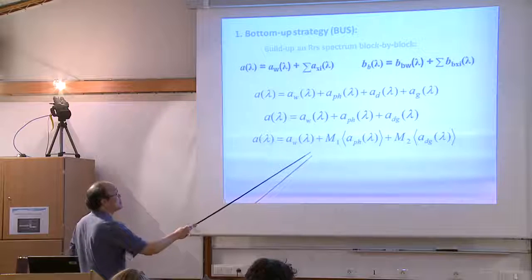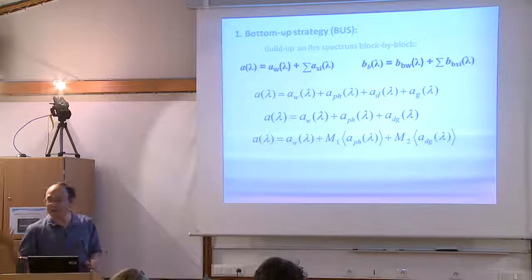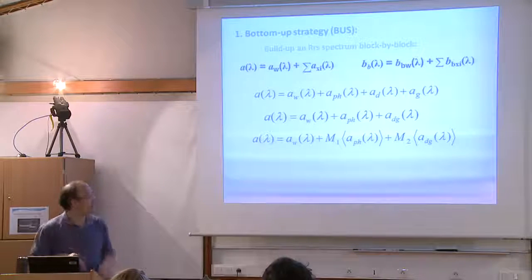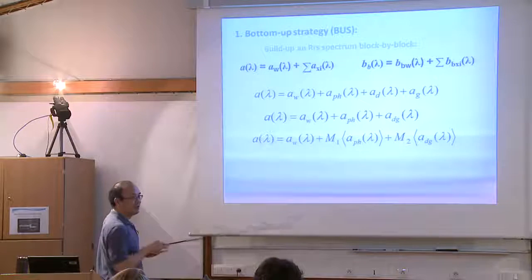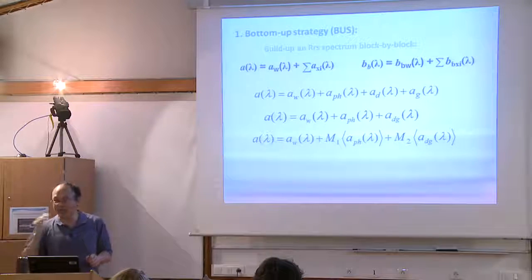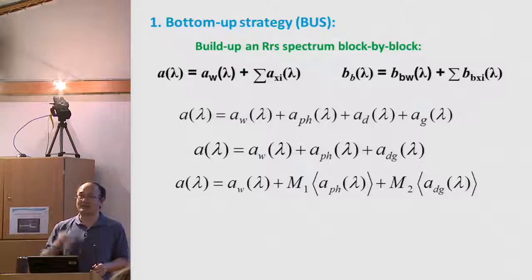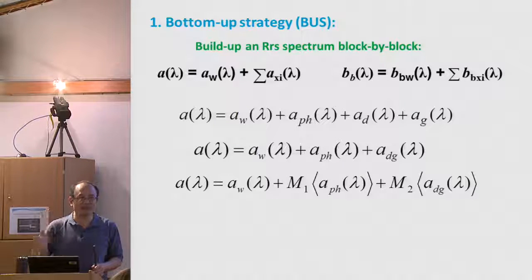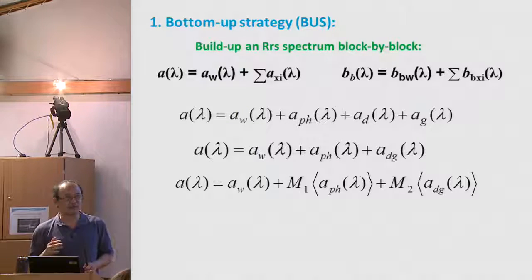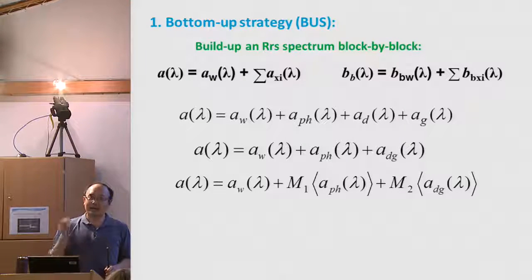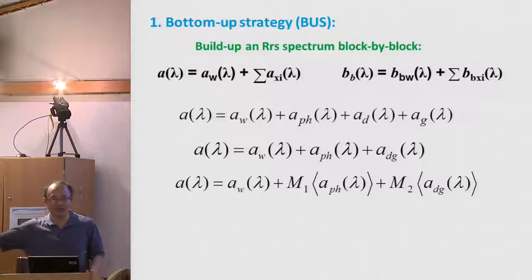Then the approach to reduce unknowns is to make the APH wavelength-to-wavelength dependent. Instead of treating each wavelength independently, we treat them as dependent. That means when I know the value at one wavelength, I can guesstimate the value at other wavelengths. Then we no longer have independent variables for APH at different wavelengths.